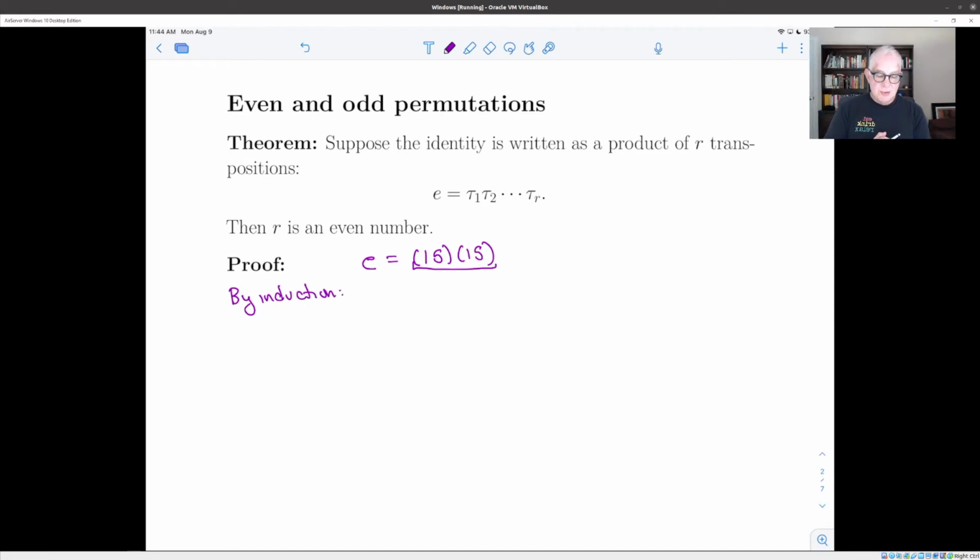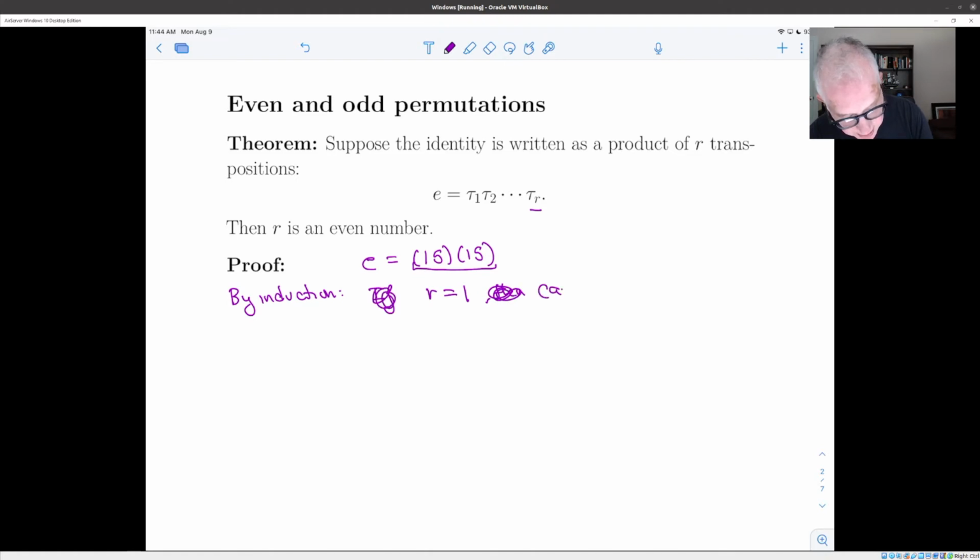And the idea is the following. We're going to suppose, well, first of all, we know that if R, which is the number of transpositions, maybe I'll write it this way. R equals 1 can't occur.